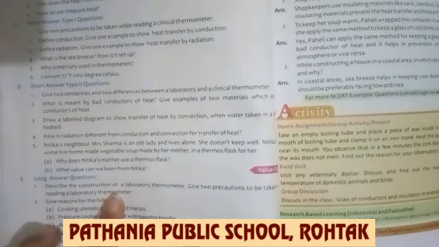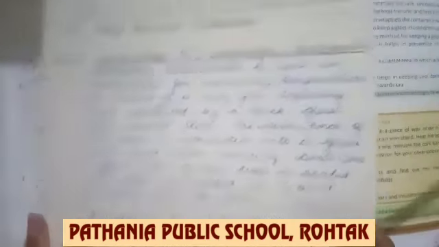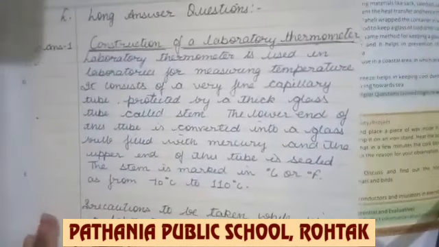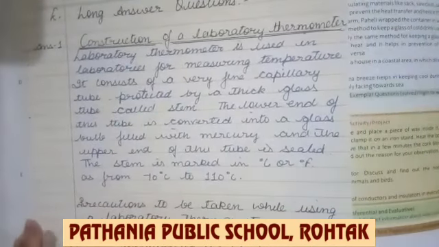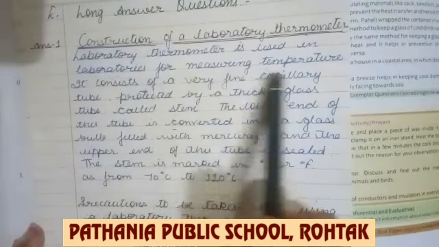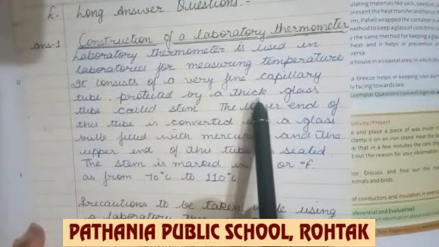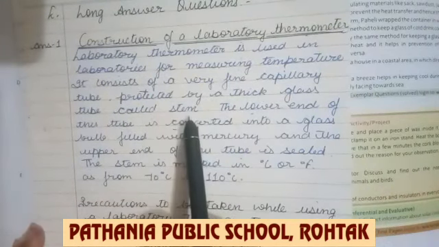Okay. Long answer questions. Describe the construction of laboratory thermometers and give two precautions to be taken while reading the laboratory thermometer. Construction of a laboratory thermometer, you can draw the figure from the book. Laboratory thermometer is used in the laboratories for measuring temperature.